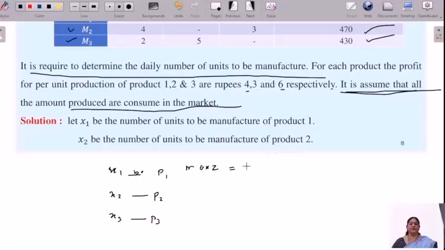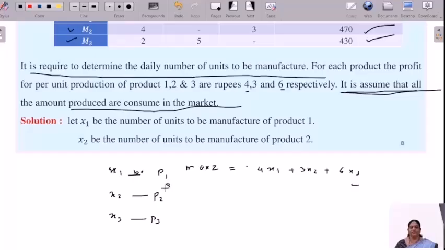Therefore our objective function is maximize z equal to 4x1 plus 3x2 plus 6x3. The objective function is to maximize the profit, and the per unit profit of each product is rupees 4, 3 and 6 respectively. Therefore this is our objective function.